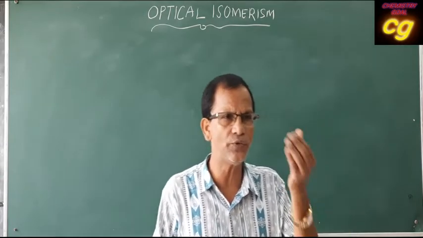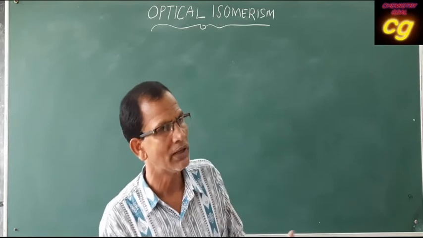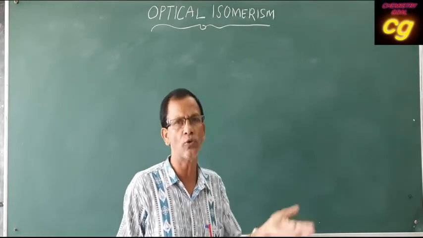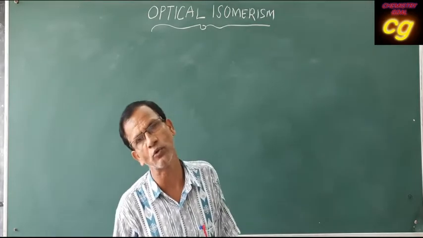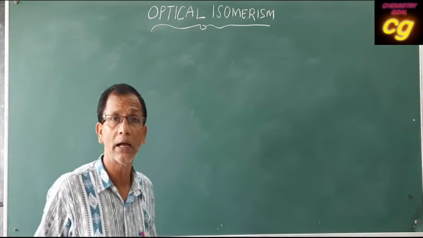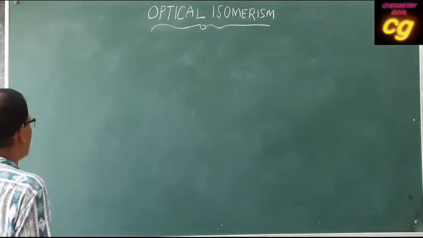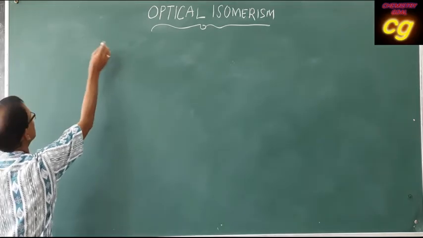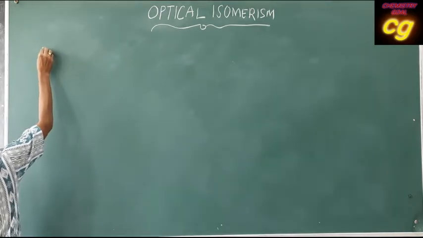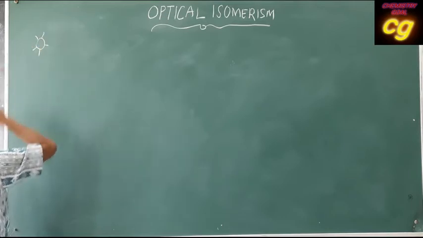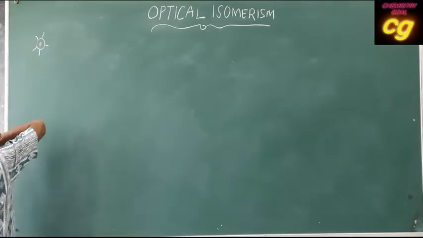This is the only effect of light, that in presence of light these isomers rotate the light either clockwise or anti-clockwise. These are called optically active isomers. If you see, this is the light source. This is your light.